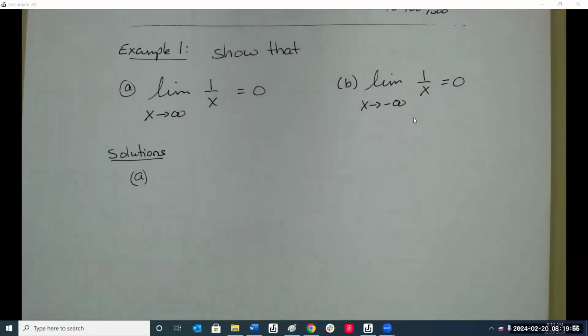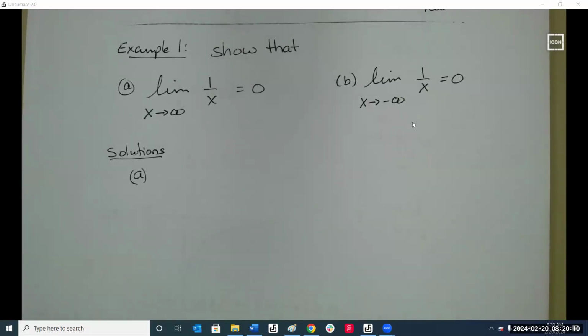So how do you think we have to prove this mathematically, not graphically? When in doubt, always use the epsilon delta proof.